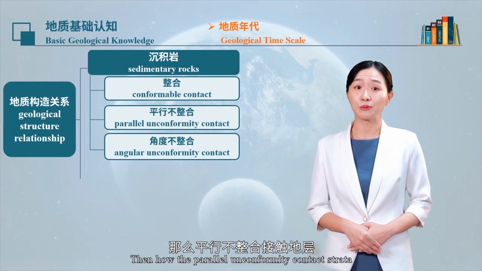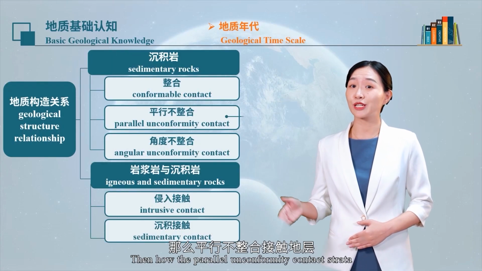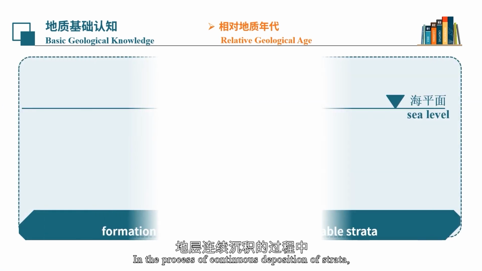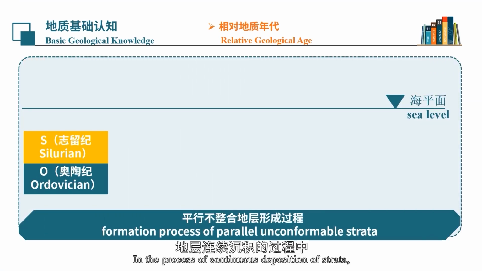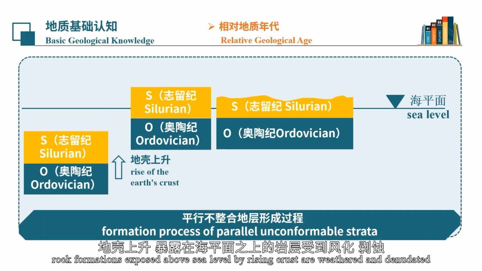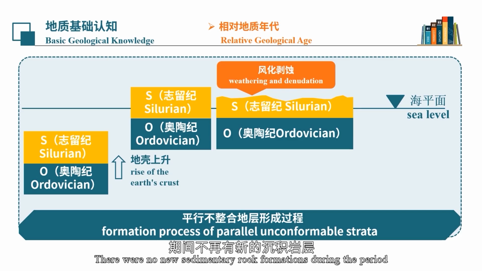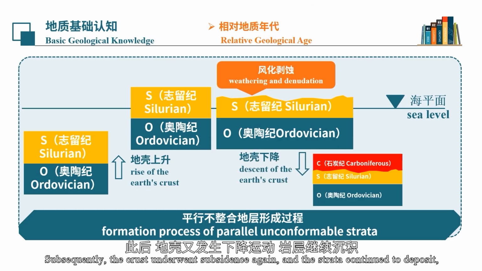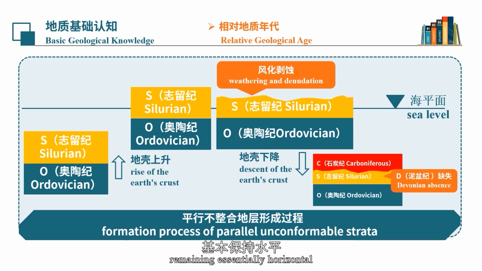Then, how was the parallel unconformity contact formed? In the process of continuous deposition of strata, rock formations exposed above sea level by rising crust are weathered and denuded. There were no new sedimentary rock formations during this period. Subsequently, the crust underwent subsidence again, and the strata continued to deposit, remaining essentially horizontal.